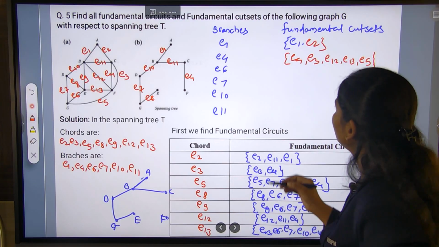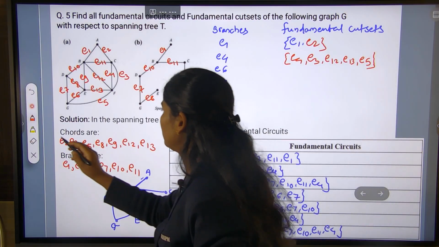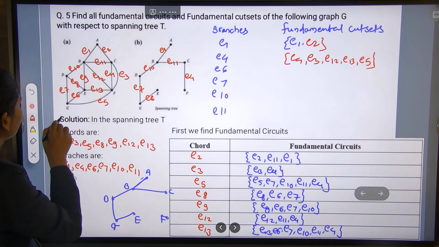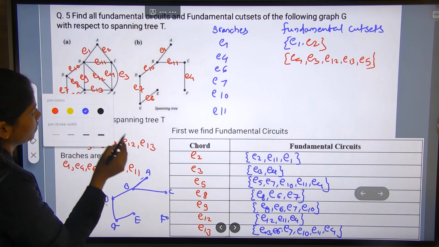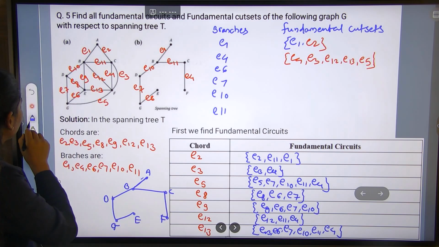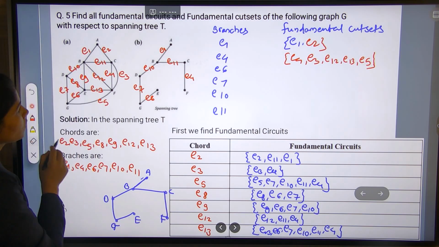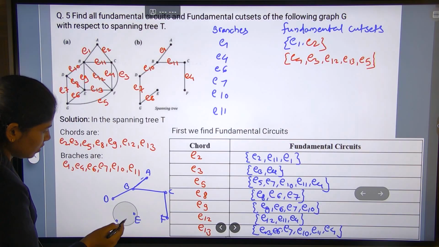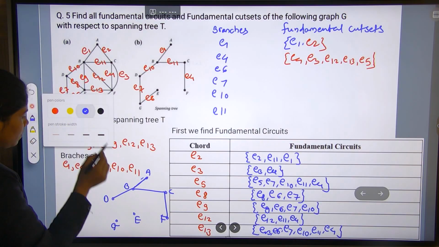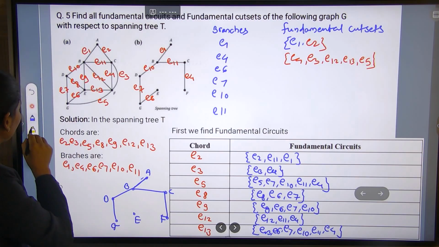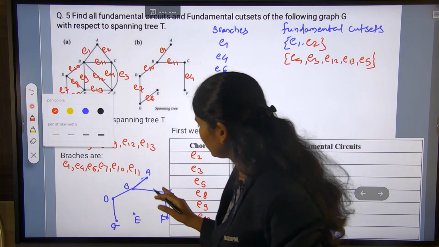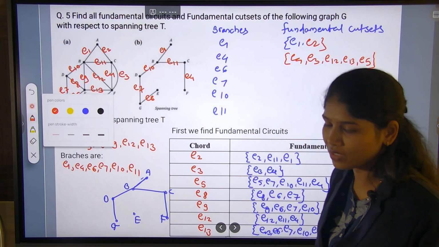So complete it. Next go for E6. So where is E6? Remove that line, E6. We get again here two disconnected components, E is separated from that tree.